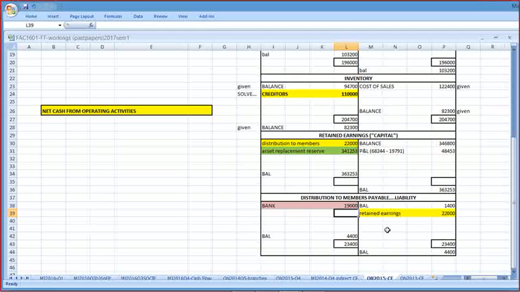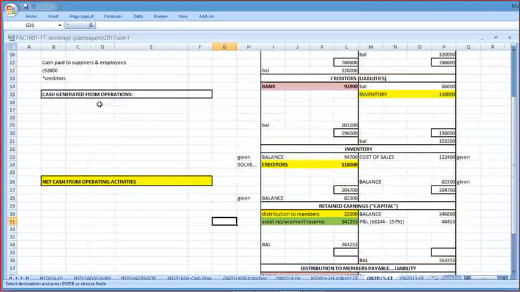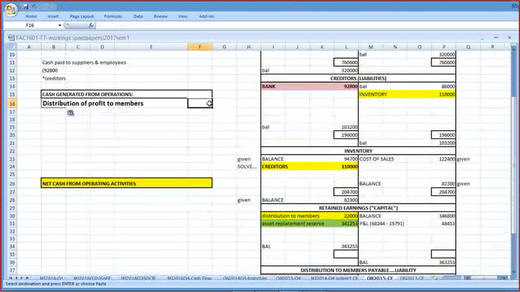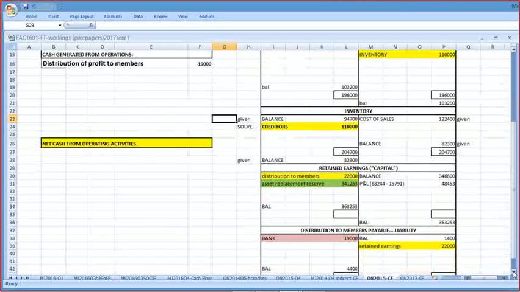What is the 19,000 representing? Won't that be the profit? The cash paid. So cash generated from operations minus 19,000. And that's it.